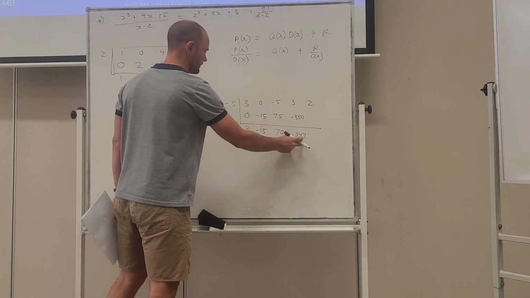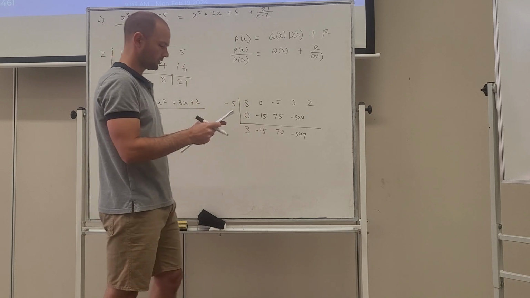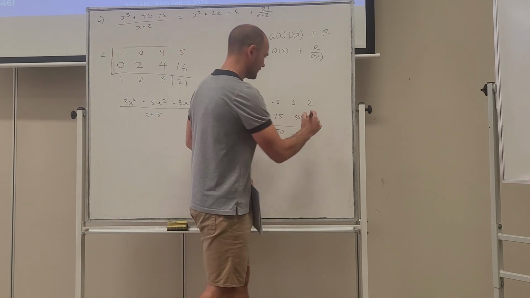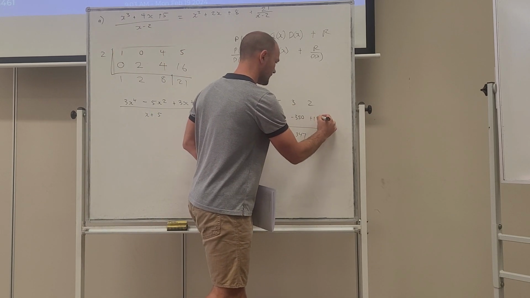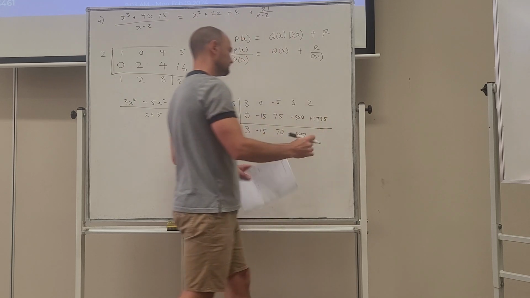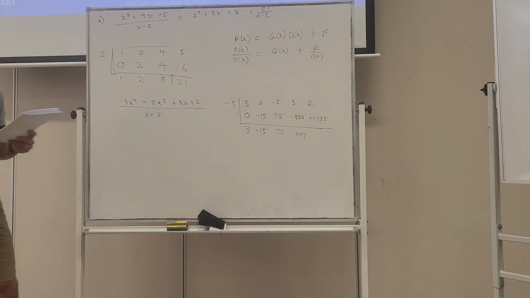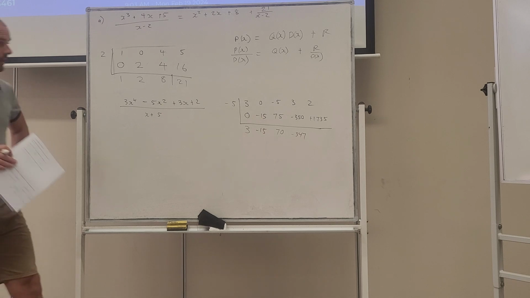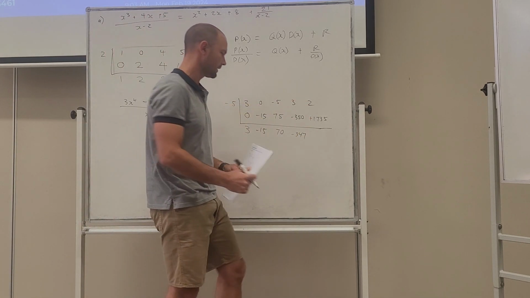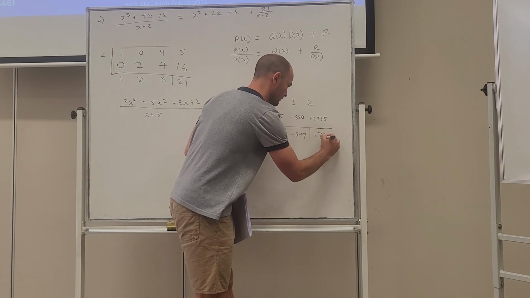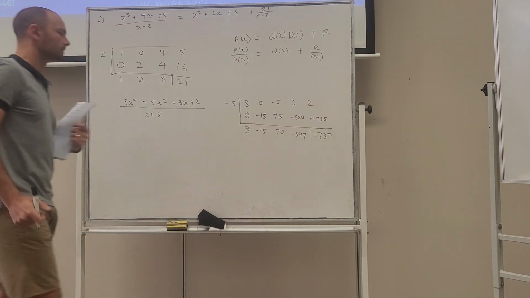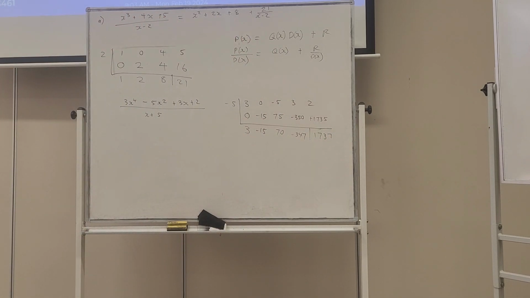Negative 347 times negative 5 will be, just do it quickly in my head, positive 1735, the negative times the negative. And then 2 plus 1735 will be 1737. So that's a pretty nasty one just because we had to multiply big numbers in our head.